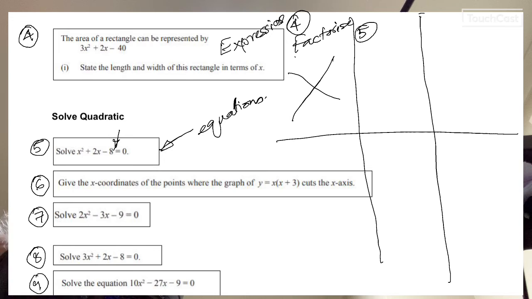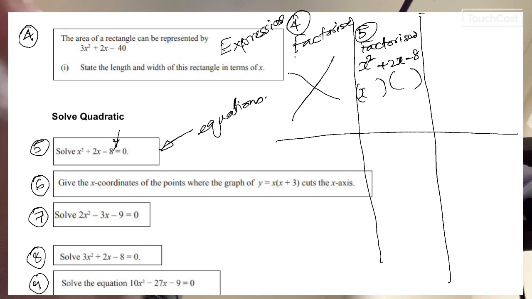So the first thing you've got to do is factorize the unfactorized side, which is x squared plus 2x minus 8, and that gives you x plus 4 times x minus 2, which should be equal to 0.